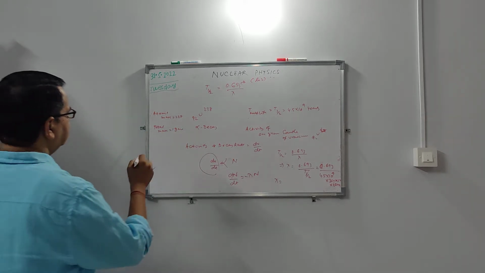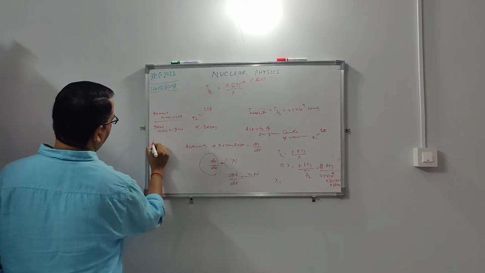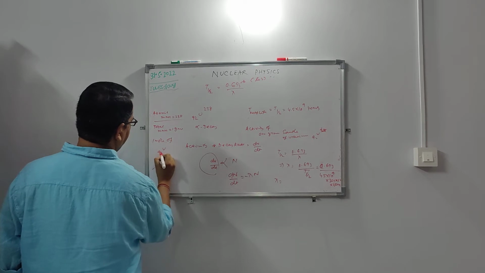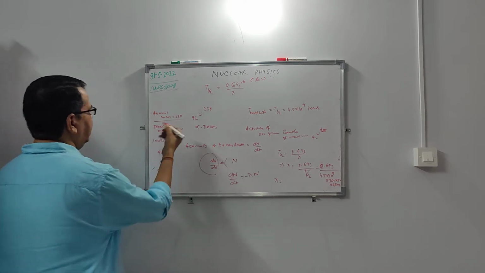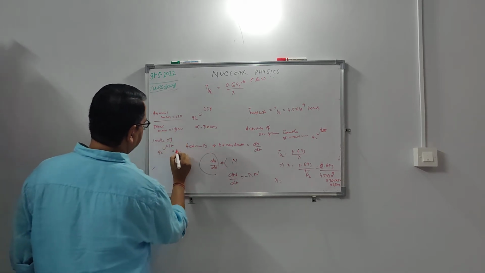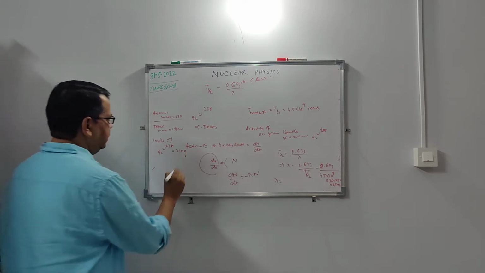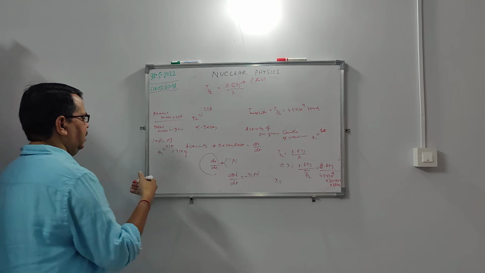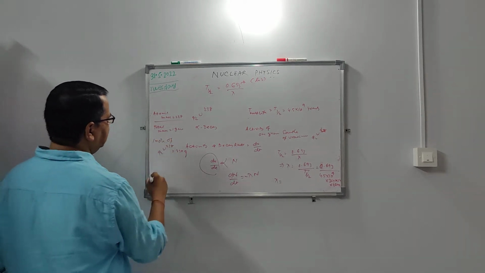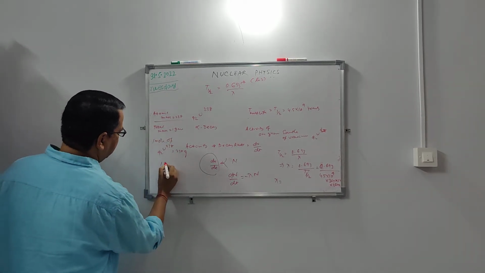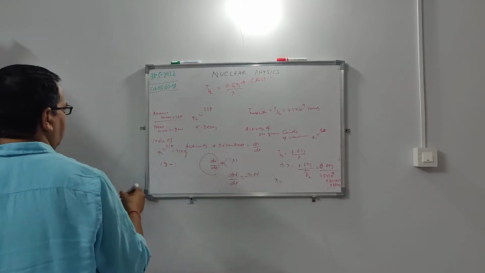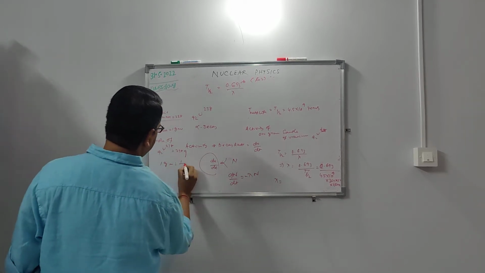So like say 1 mole of uranium 92 238, 1 mole will weigh 238 gram, right? That is the thing. 1 mole is nothing but your 6.023 into 10 to the power 23 atoms. So 1 gram will contain how many moles? 1 by 238 mole.